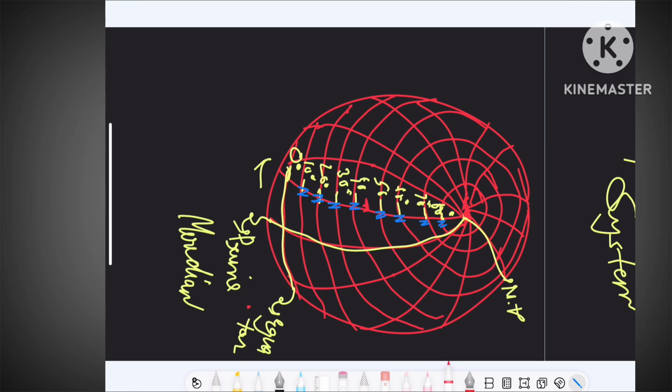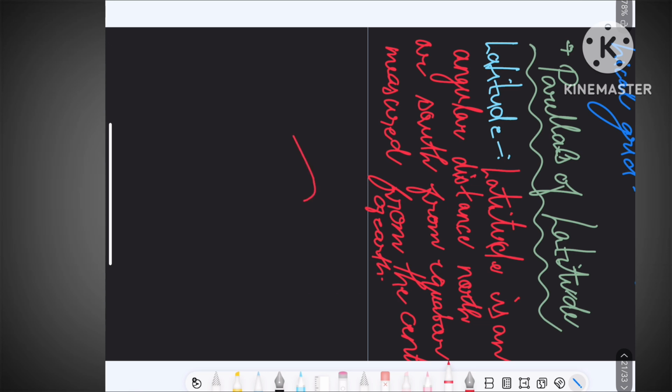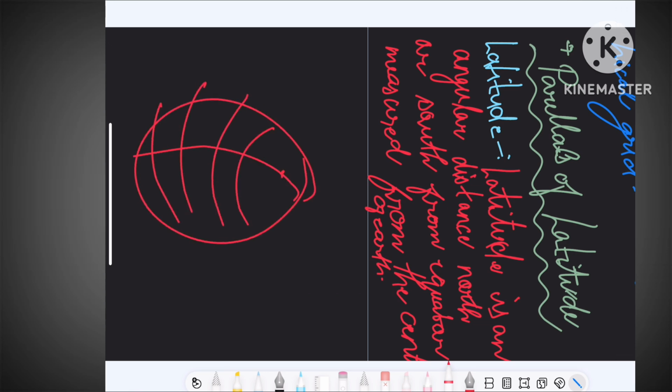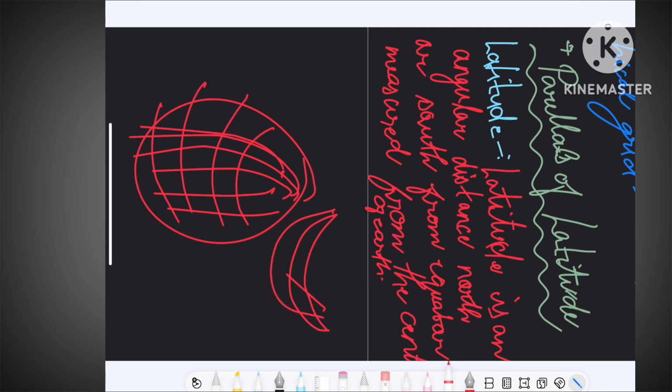The lines of latitude run parallel to each other. Therefore, they are called parallels of latitude. This is your earth, this is the center, these are the latitudes, these are the longitudes. Latitudes are not like this.